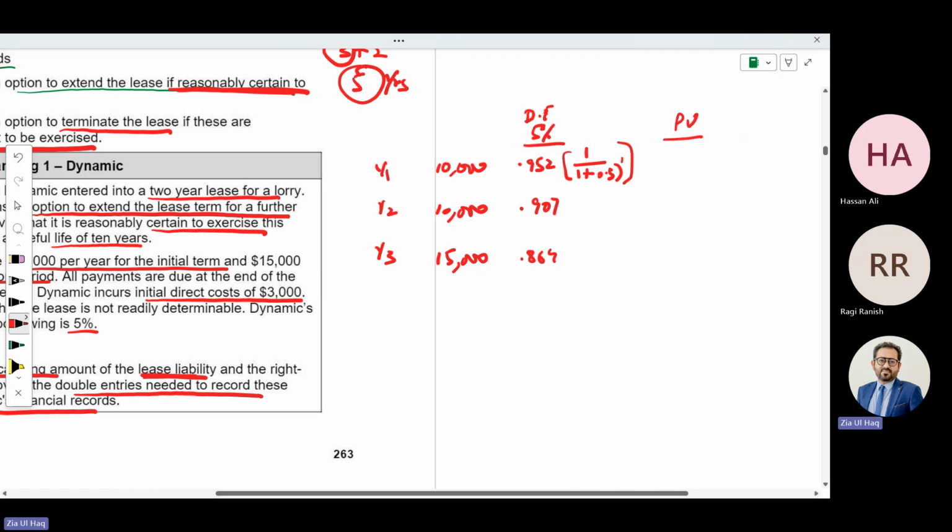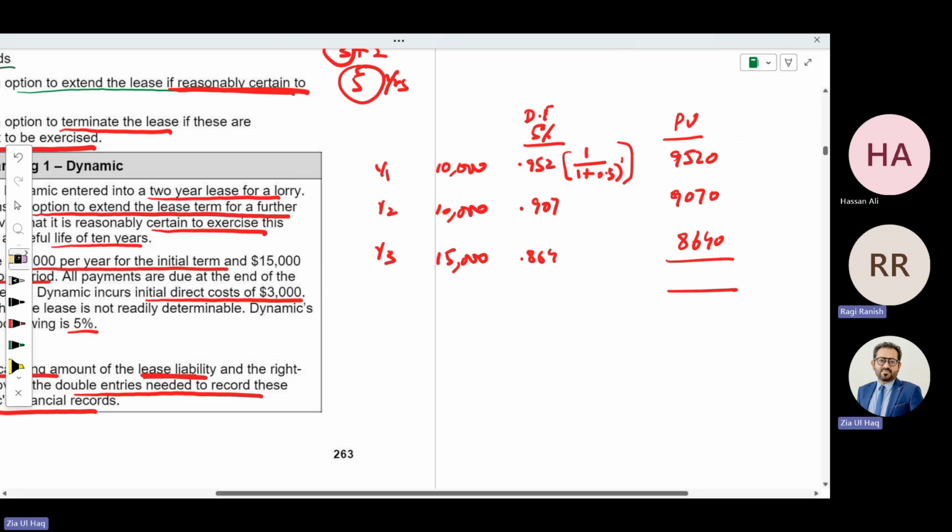10,000 into 0.952 is 9520. 10,000 into 0.907 is 9070. And that is 8640. And if we add all together, what? No, it's 15,000.